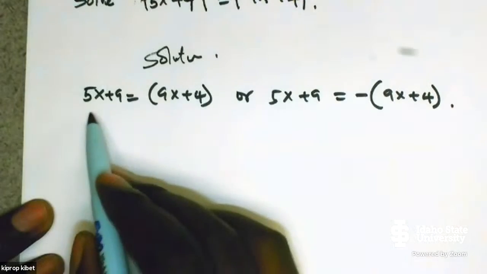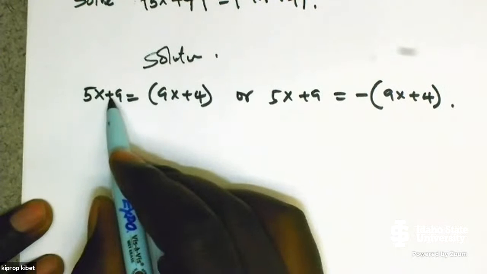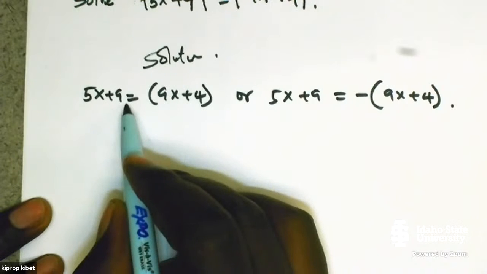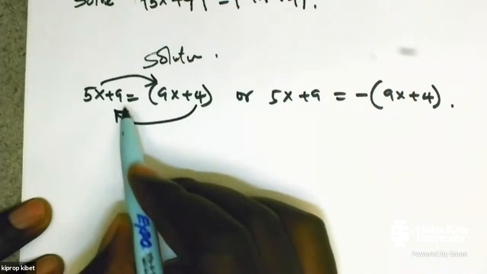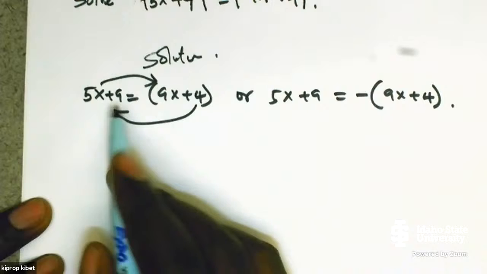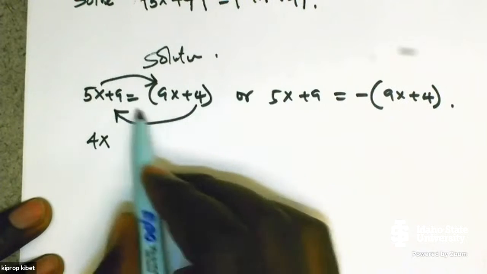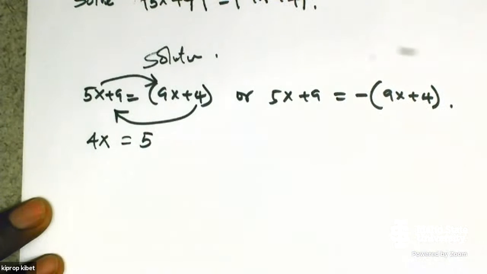Now, in this case, we take 5x to the other side, and then we bring this 9. So we bring this here. So 9x minus 5x is what? 4x. And then we bring 4 here. 9 minus 4 equals what? Equals 5.